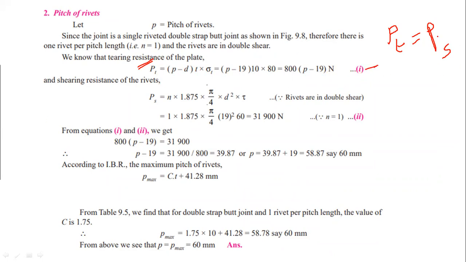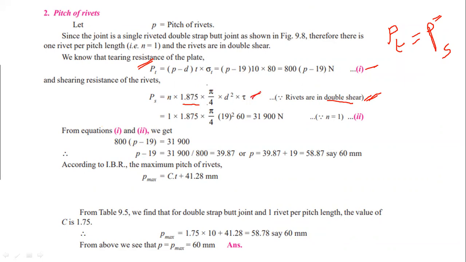After that, you have to use the PS formula. PS is the shearing strength. Already we know that the given joint is a double strap butt joint. For double strap butt joints, you have to consider double shear, and for boiler joints, you have to consider this formula: n into 1.875 into pi by 4 d square into tau.